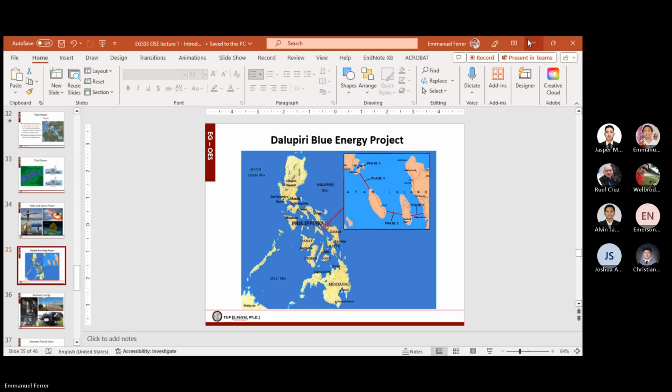Dalupiri Island. Okay. Wala na masyado talagang balita. Plan. Okay, sige. Nakita na ako. Tagal na ito. Pre-construction 2027. Pre-construction pa lang yun. It's just a plan.